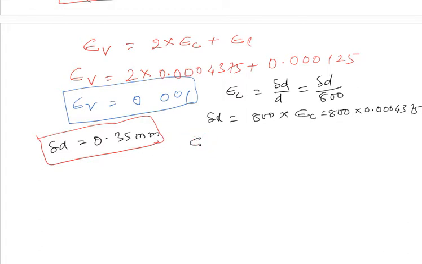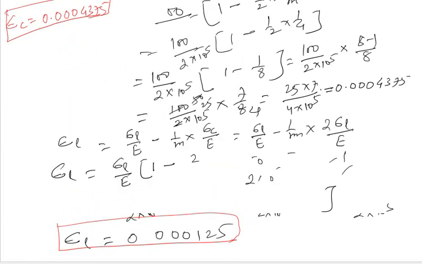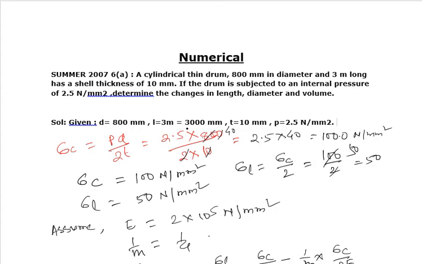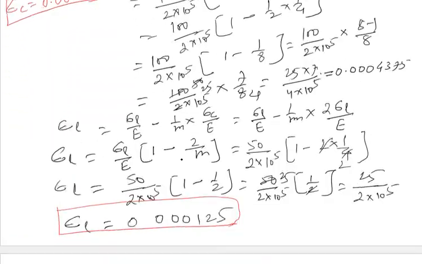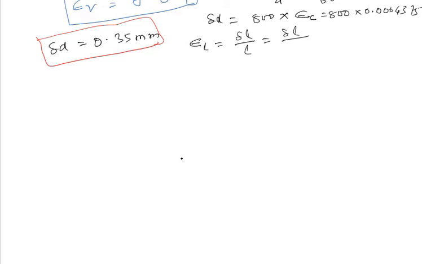Now let's calculate the value of change in length. We know epsilon L, longitudinal strain, is equal to change in length upon L. What is the value of L? The length of the drum is given as 3 meter, converted into mm, so L is 3000 mm.